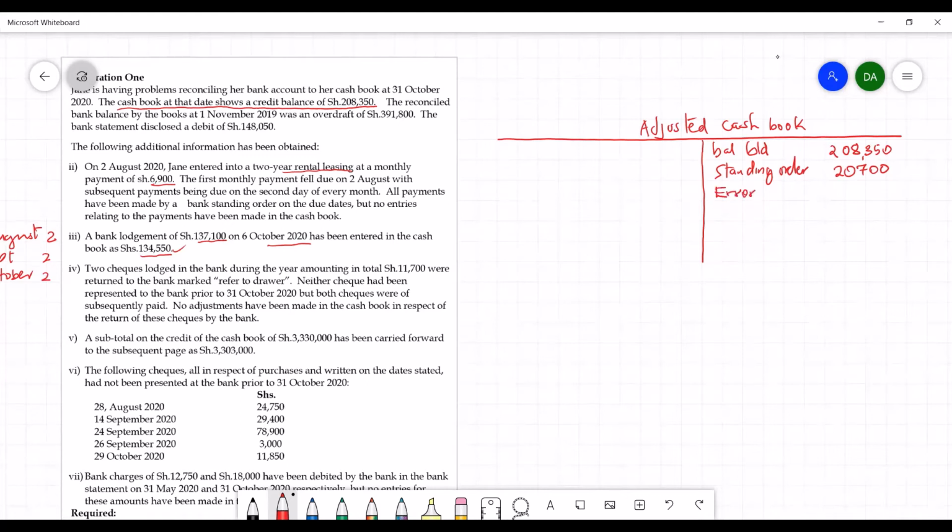It was entered on the receipt side, so on the payment side we enter the same amount to cancel the error. And then we enter the correct amount, which is the bank lodgement, 137,100.